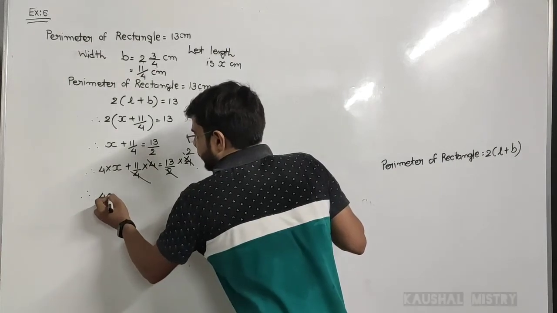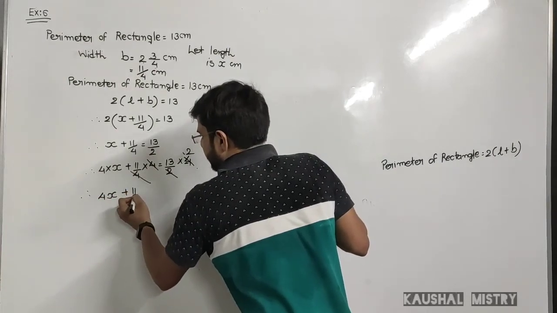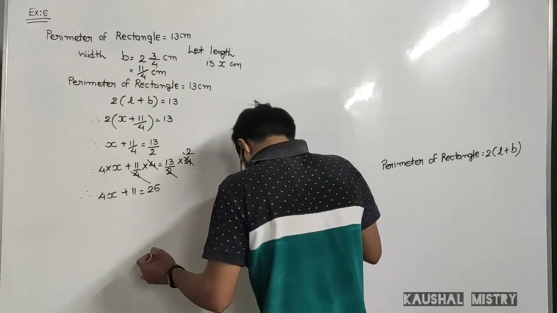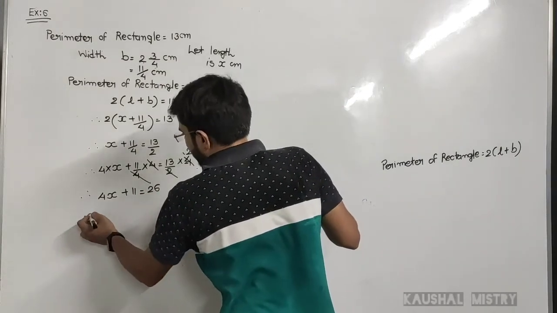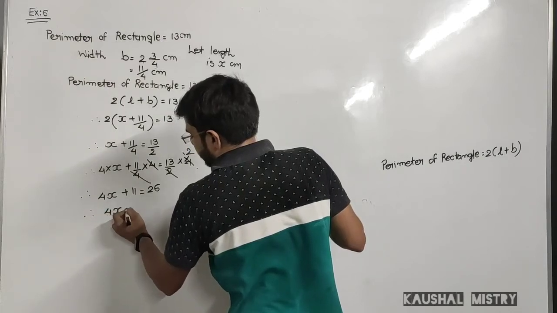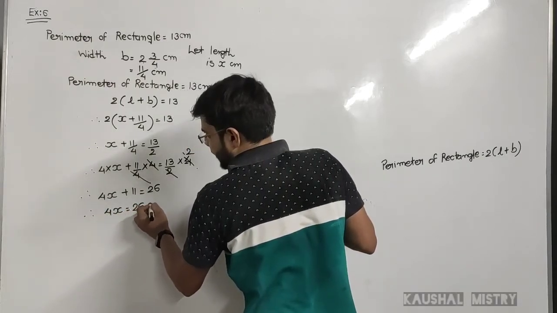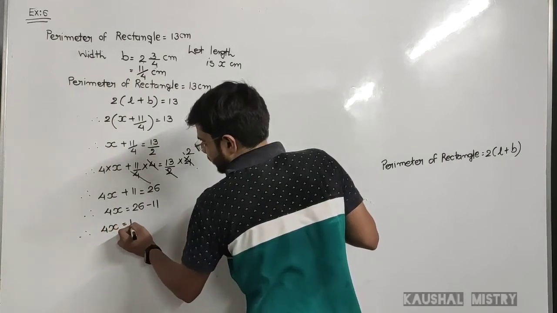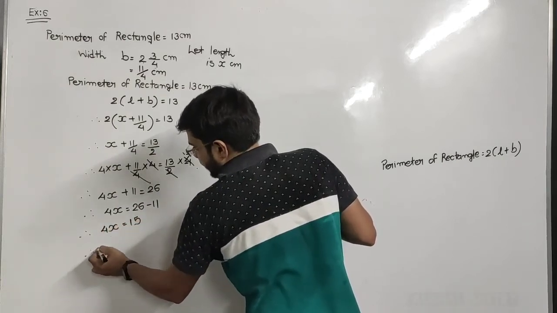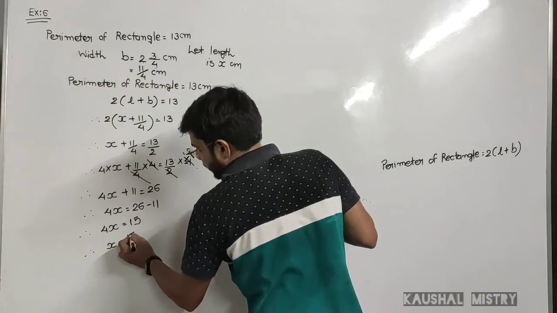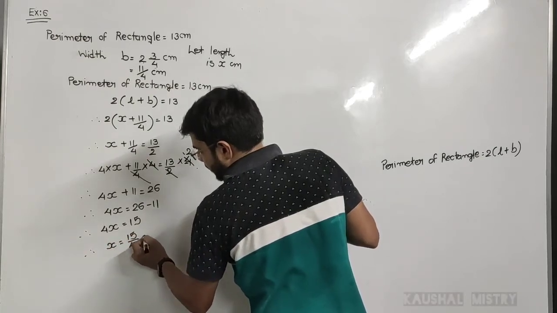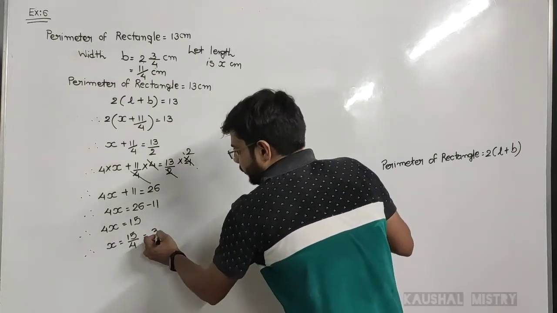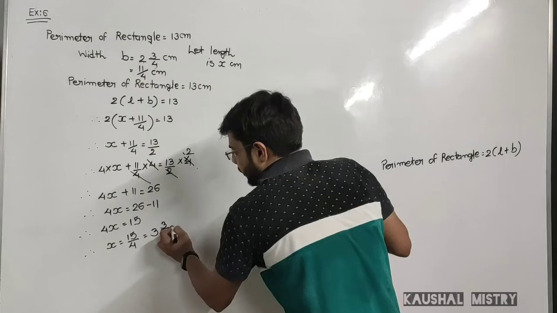Therefore 4x plus 11 is equal to 26, right? Therefore 4x is equal to 26 minus 11. So therefore 4x is equal to 15. So therefore x is equal to 15 by 4, and that is equal to, if we divide, 4 3s are 12, so it is 3 complete 3 upon 4 centimeter.